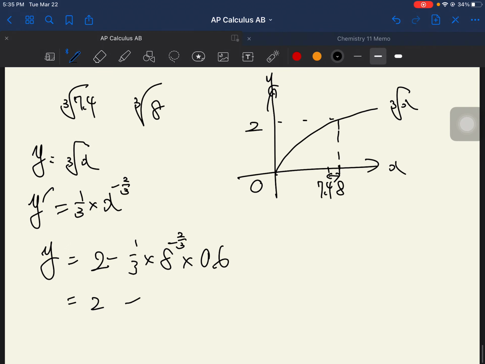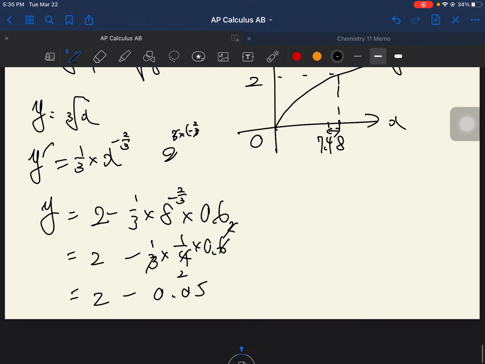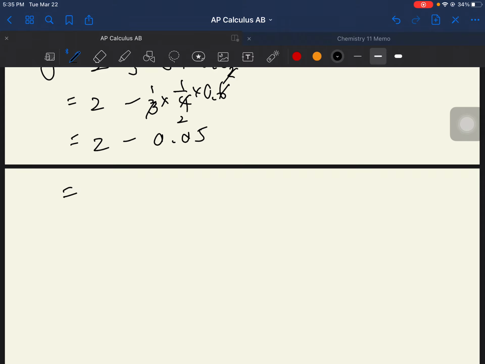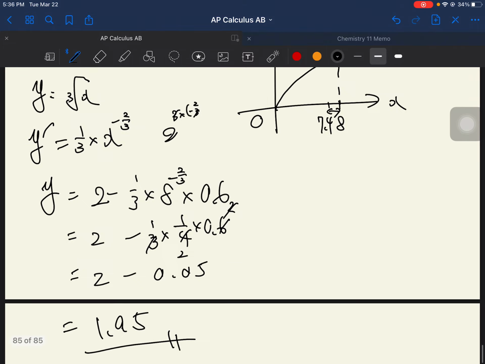Negative 8 is 2 cubed. 2 cubed to the power of negative 2 over 3 is 1 over 4. So 1 over 4 times 0.6. Let me cancel out. So it's going to be negative 0.05, which gives 1.95.